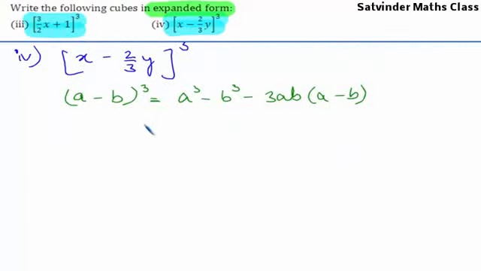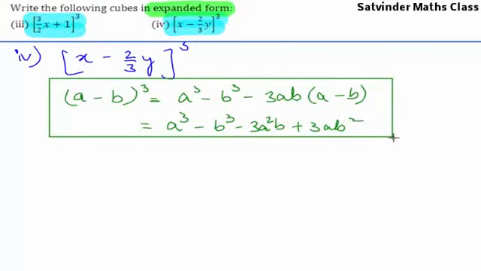This can be written in its simplified form as a cube minus b cube minus 3a square b plus 3ab square. Again, an important identity that you have to remember.